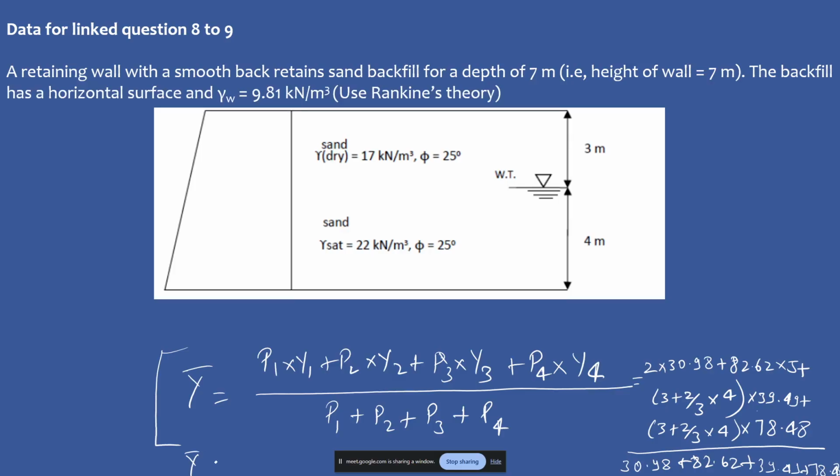Okay, so your Y bar value will be, let's calculate this: 30.98 into 2, plus 82.62 into 5, plus 3 plus 2 divided by 3 into 4 into 39.49, plus 3 plus 2 divided by 3 into 4 into 78.48, divided by 30.98 plus 82.62 plus 39.49 plus 78.48.